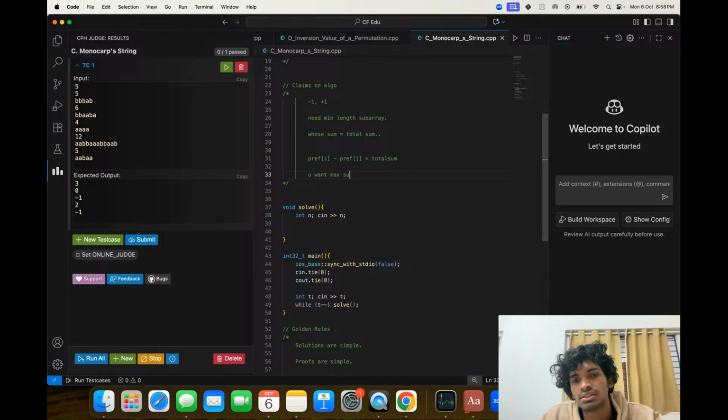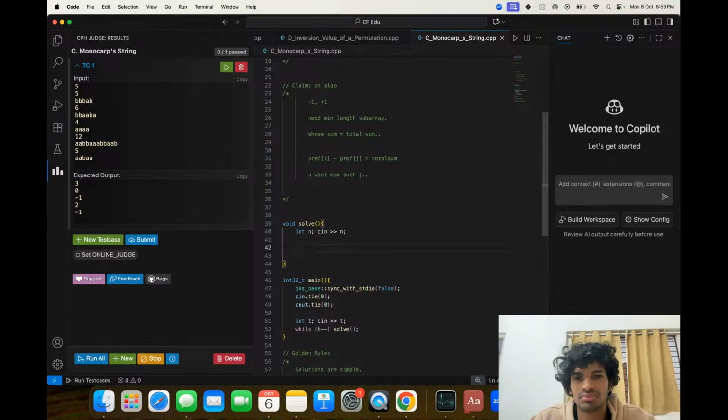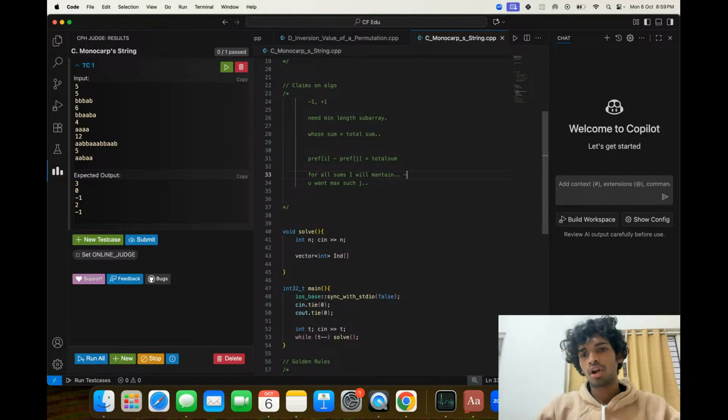You want max such j. I'm not liking it. So what I will do is, for all sums I will maintain, all sums can be from minus n to plus n, right?